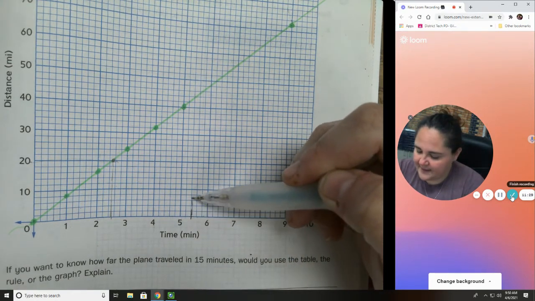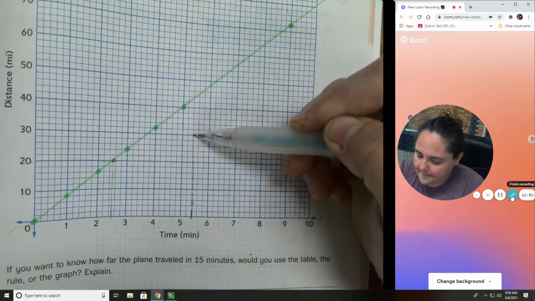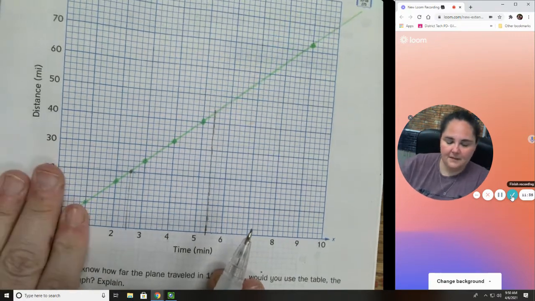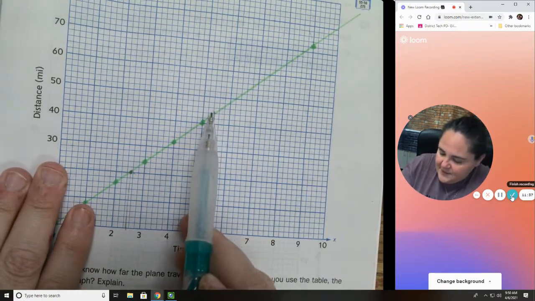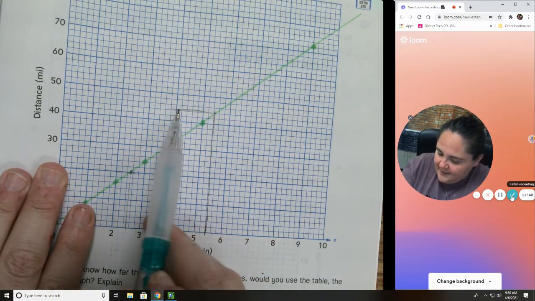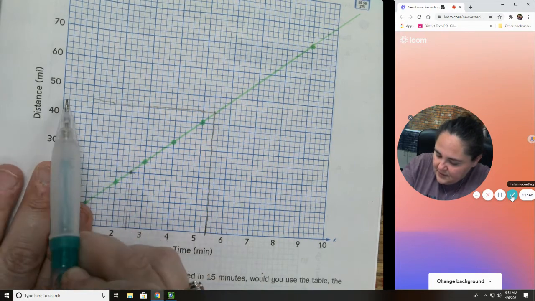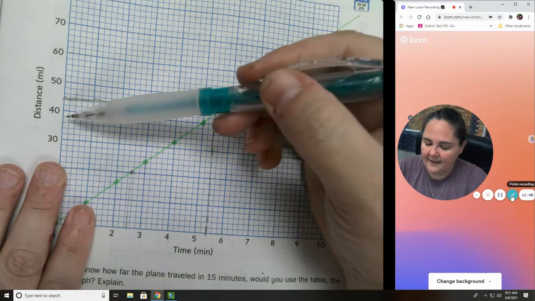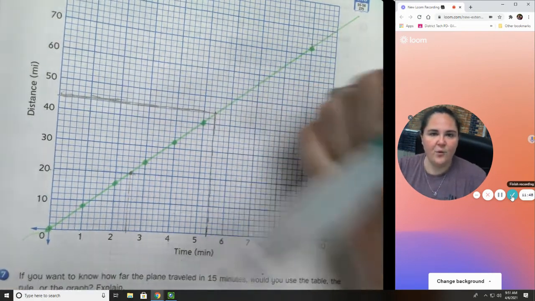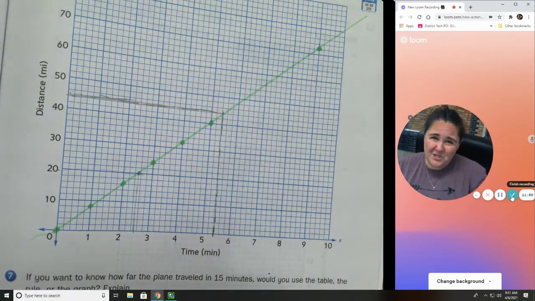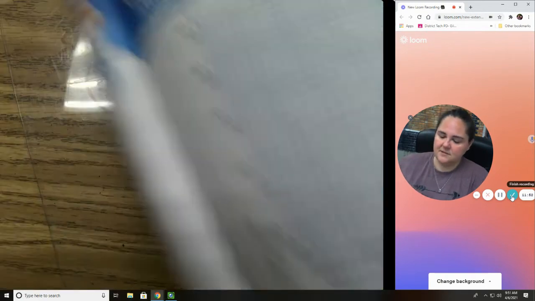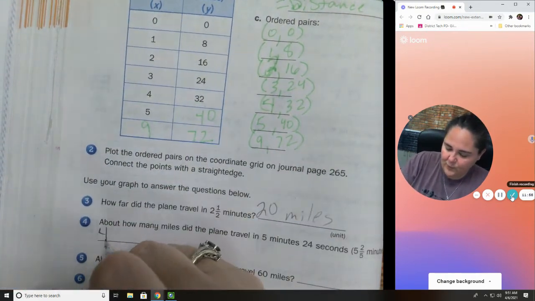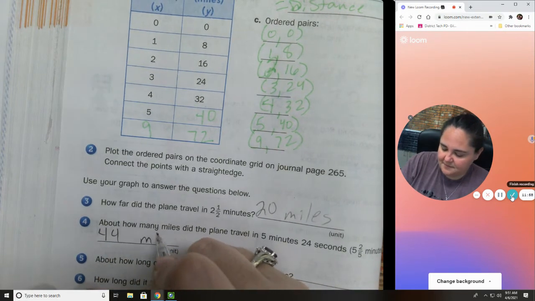I'm going to follow that line straight up to where it touches my green line. Then follow that line straight over where they touch. All right, 42, 44. It went about 44 miles, okay? 44 miles.